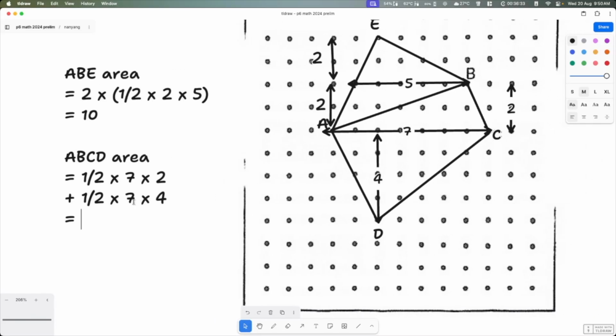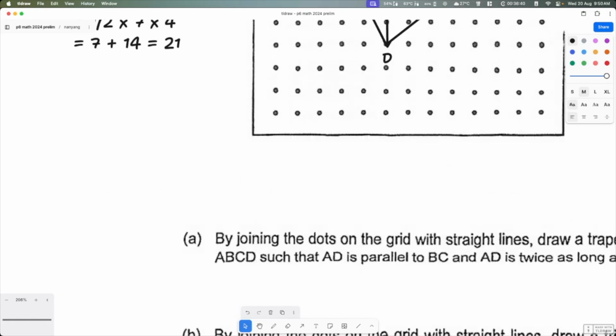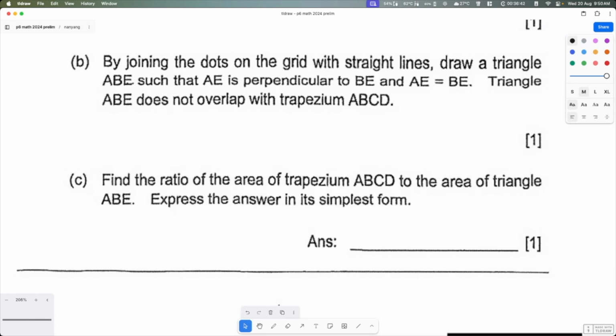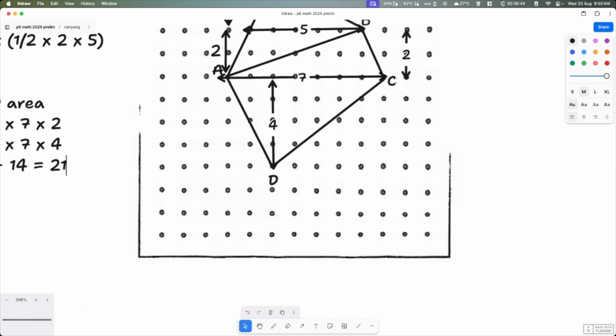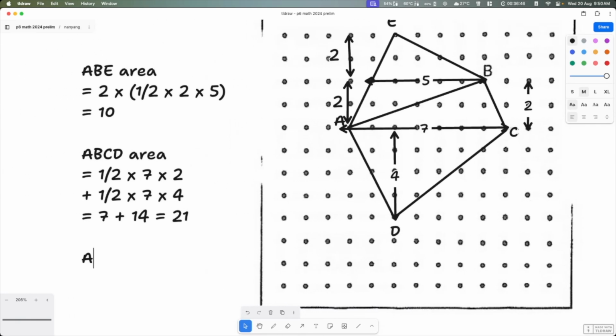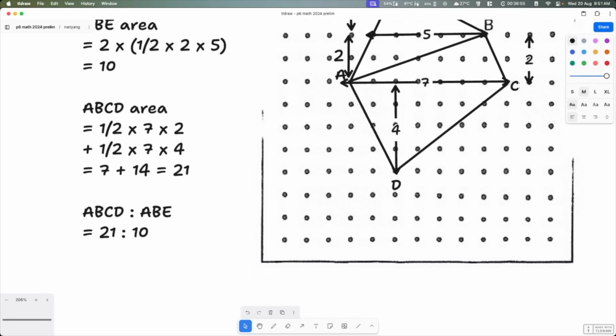That means this is 7 plus 14, which is equal to 21. So we want the ratio of ABCD to ABE, which is 21 to 10. There you go. So that's the answer.